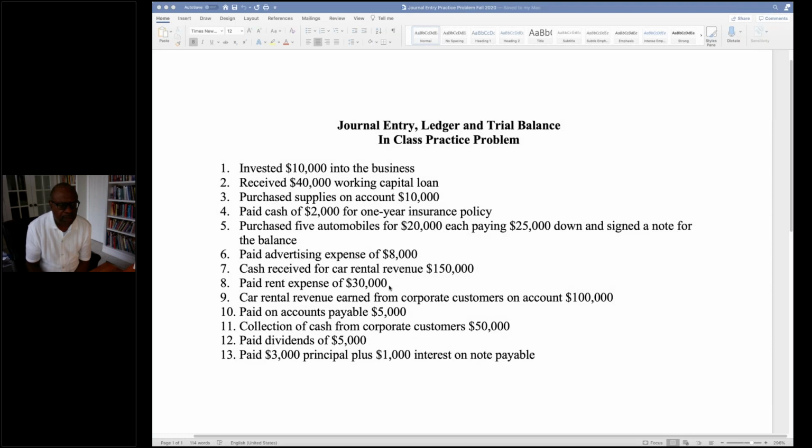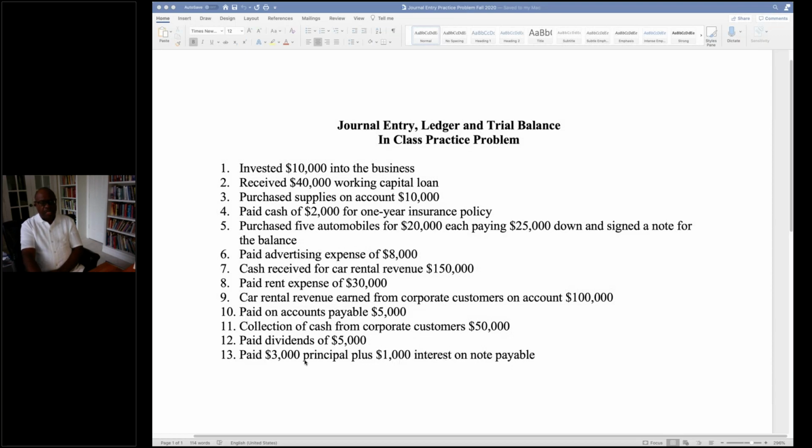Sometimes when we're paying expenses, people want to credit expense and debit cash when we're paying expenses. So sometimes I've had that problem as I've gone through. And then this final one where we're paying principal and interest.